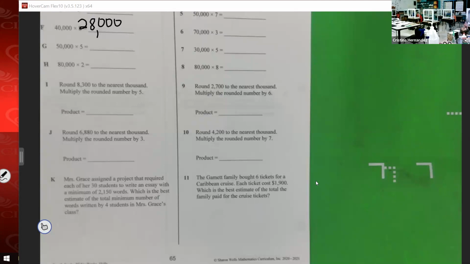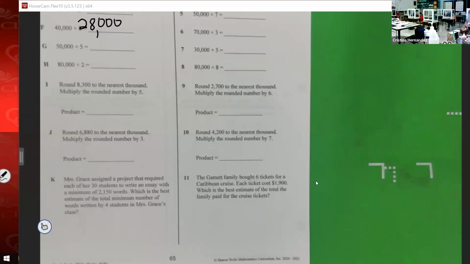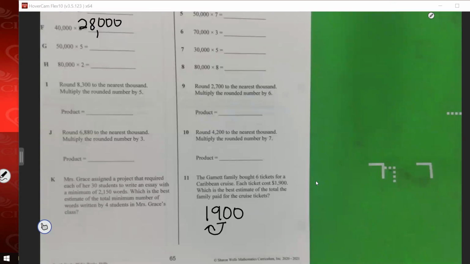At home, do y'all agree? Yes. So are we gonna round up or are we gonna round down? Somebody at home tell me. Yeah, we're gonna round up. And the one's gonna turn into a 2. And then everything behind is gonna be a 0.